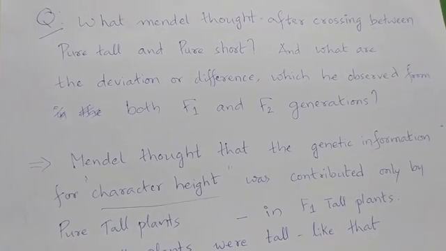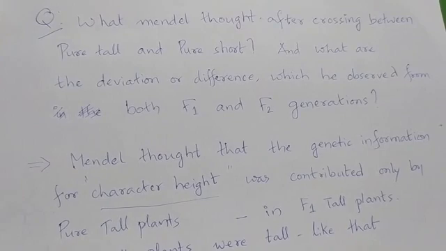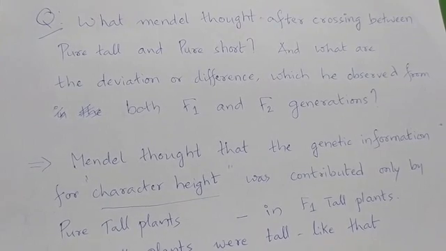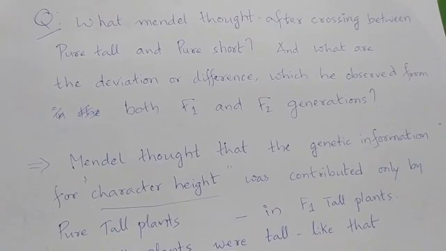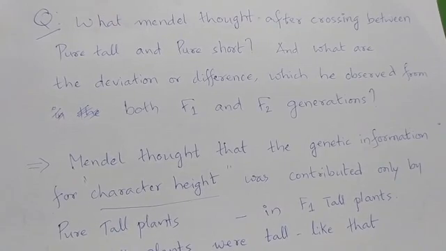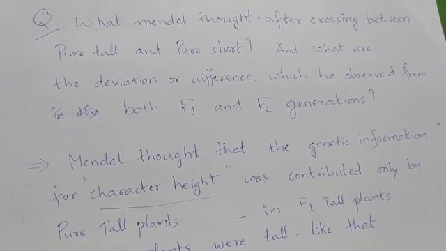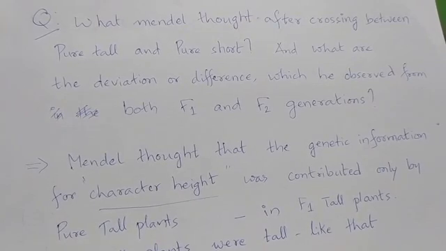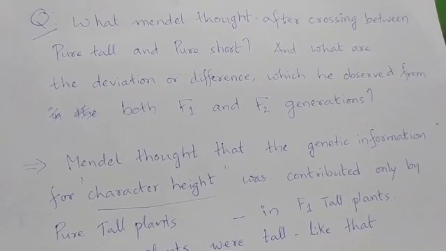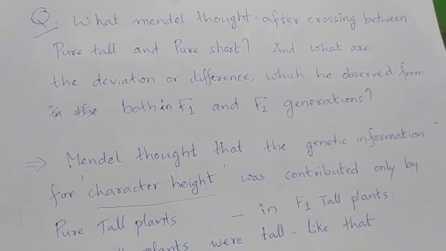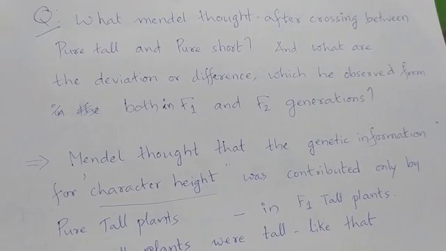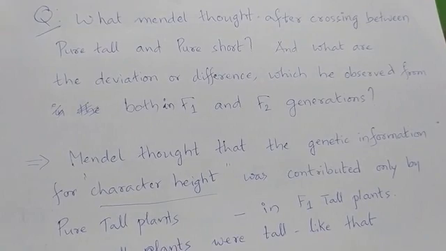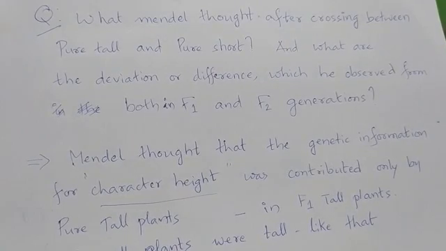What did Mendel think after crossing between pure tall and pure short? And what are the deviation or difference which he observed in both F1 and F2 generations? Mendel thought that the genetic information for the character height was contributed only by pure tall plants in F1 tall plants.